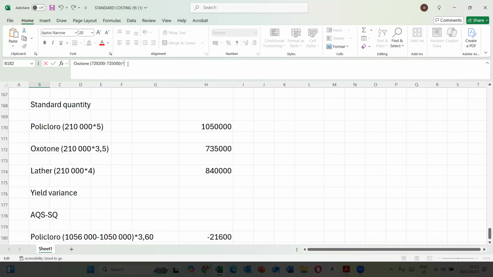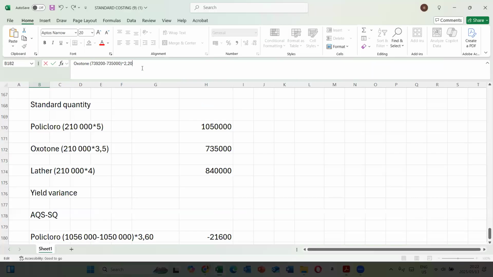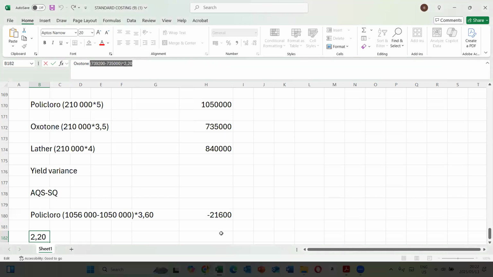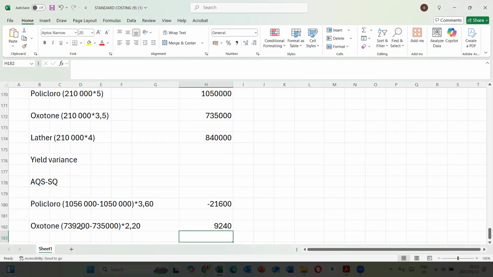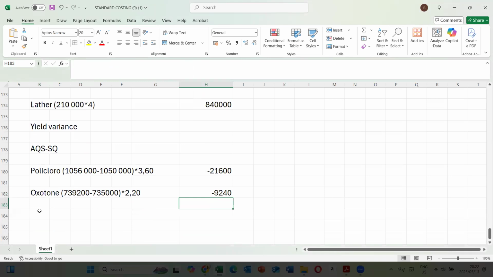Then we multiply with the standard price, 2.2. So we should have used 735, we used 739. So still the same, adverse. And then we move on to ladder.